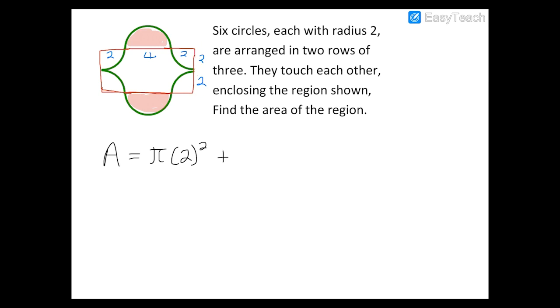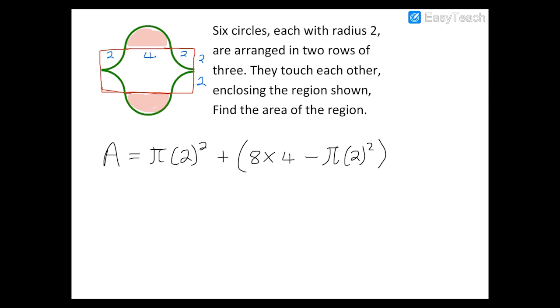So we can add in bracket 8 multiplied by 4, but we need to subtract the area of 4 quarter circles because those are outside of our region here. So 4 quarter circles will make one full circle. So we are subtracting one full circle of pi 2 squared.